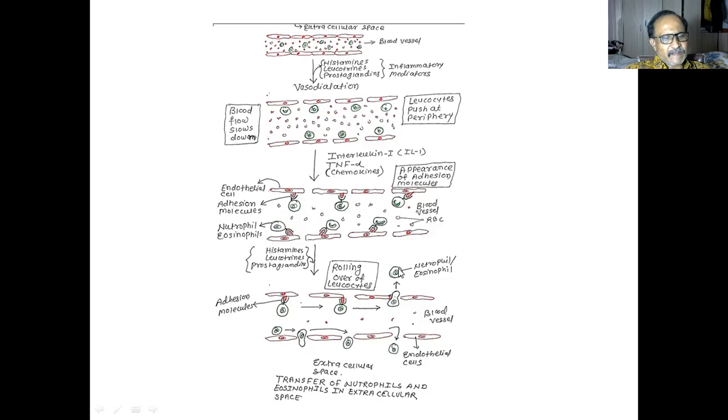extracellular spaces. Okay, see, here are mostly three types of leukocytes or white blood cells which are to be sent in the extracellular spaces. These are neutrophil, eosinophil, and monocytes. These neutrophil, eosinophil, and monocytes have phagocytic capacity.